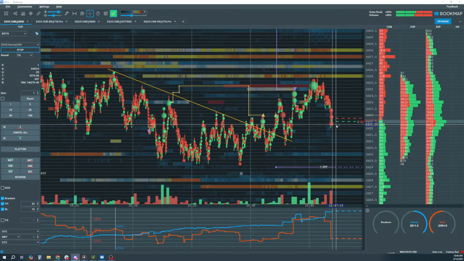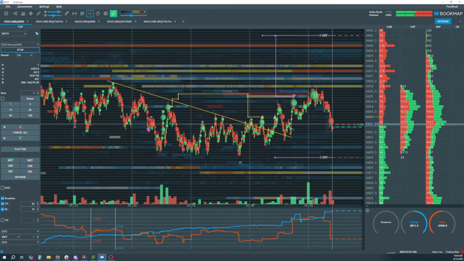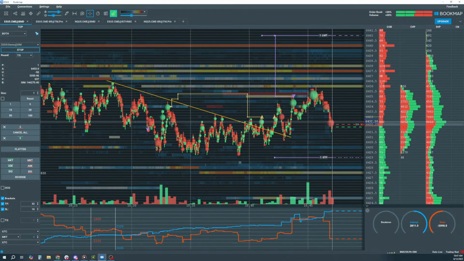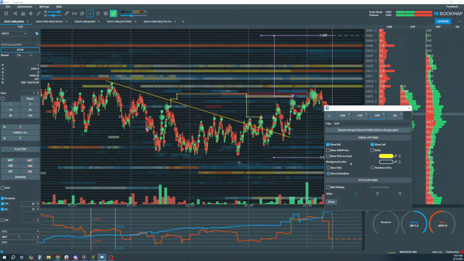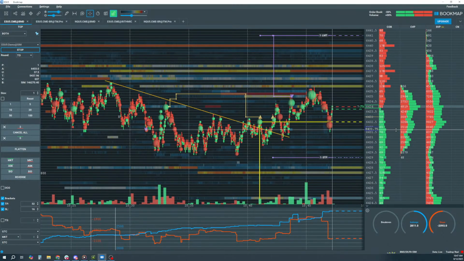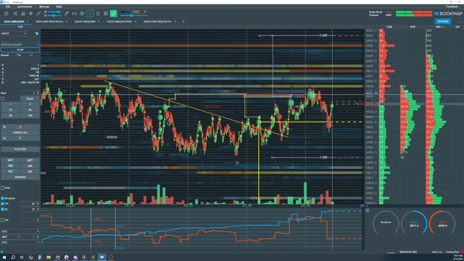All right, so McLoco said the POC shifted up. Okay, I don't have it up. We can add it in here, but I imagine it's right here at 32.5. Let's see if maybe we get some buyers off of that. Like I said, I'm not the biggest fan of POC.